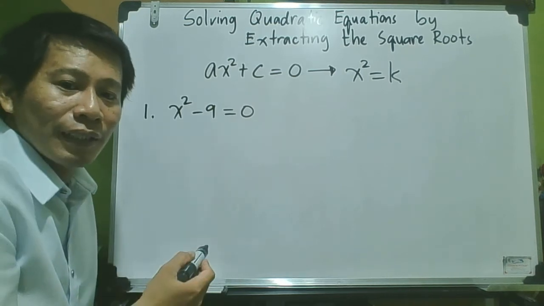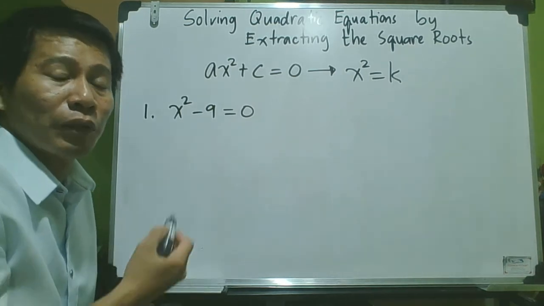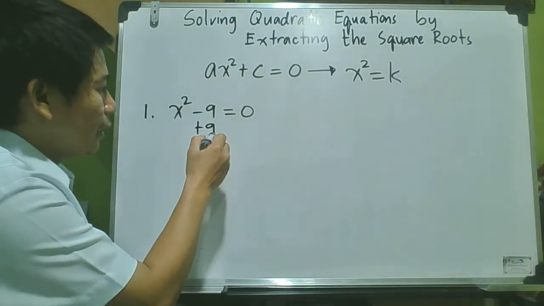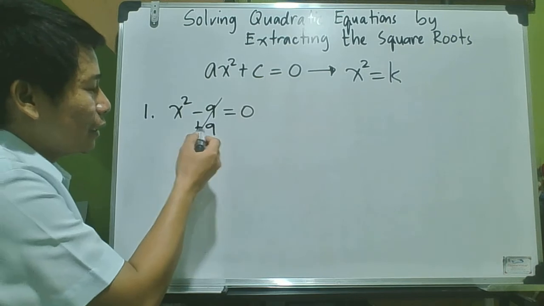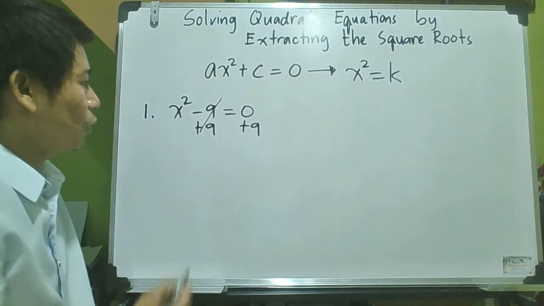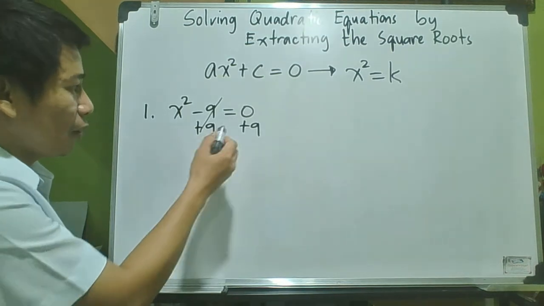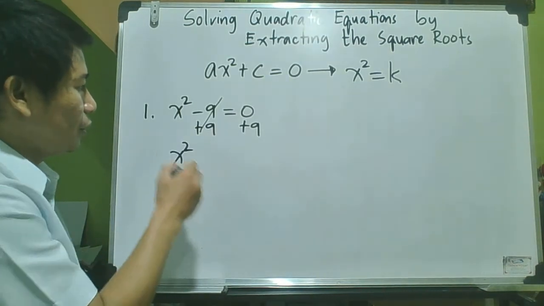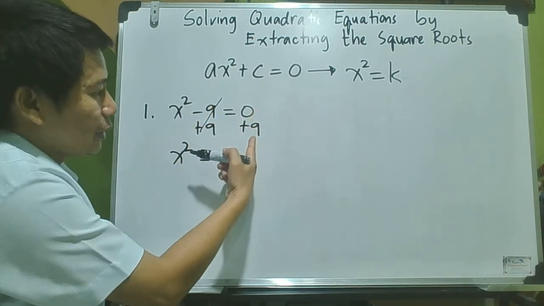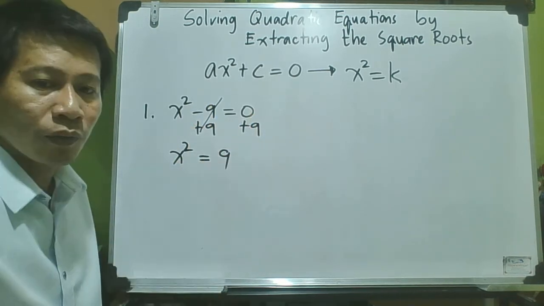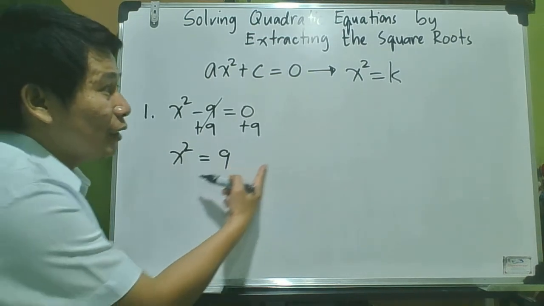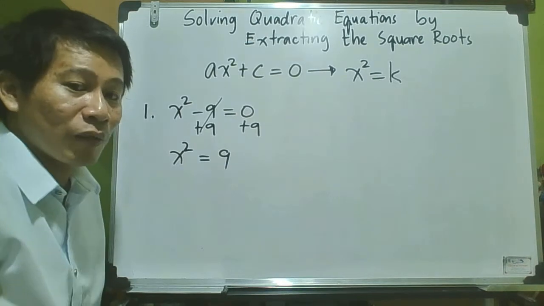How are we going to eliminate negative 9 here? We will apply the addition property of equality. So, we will add 9 here so that this will be cancelled, and we will add 9 to the right side. So, the resulting equation will be x squared is equal to, this will be cancelled, 0 plus 9 is 9. Observe that the resulting equation is already in the form x squared equals k.